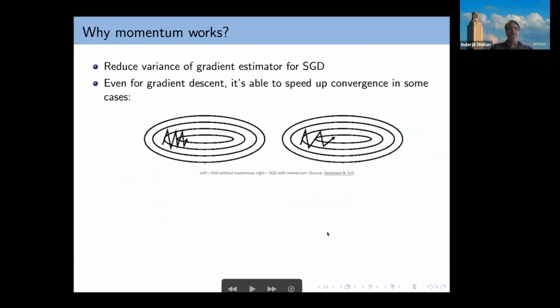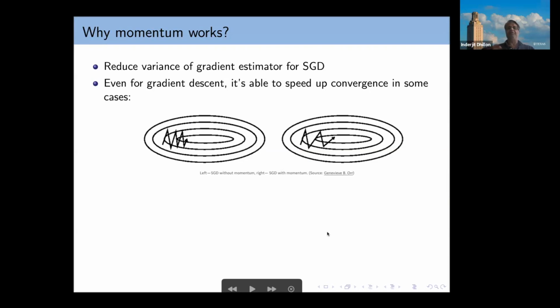One question is, why does momentum work? Why is momentum SGD better than SGD itself? Let's come back to the root of why we motivated SGD. Stochastic gradient descent is a way to estimate the gradient. It is an unbiased estimator, which means the mean of the error at each step can be regarded as 0.